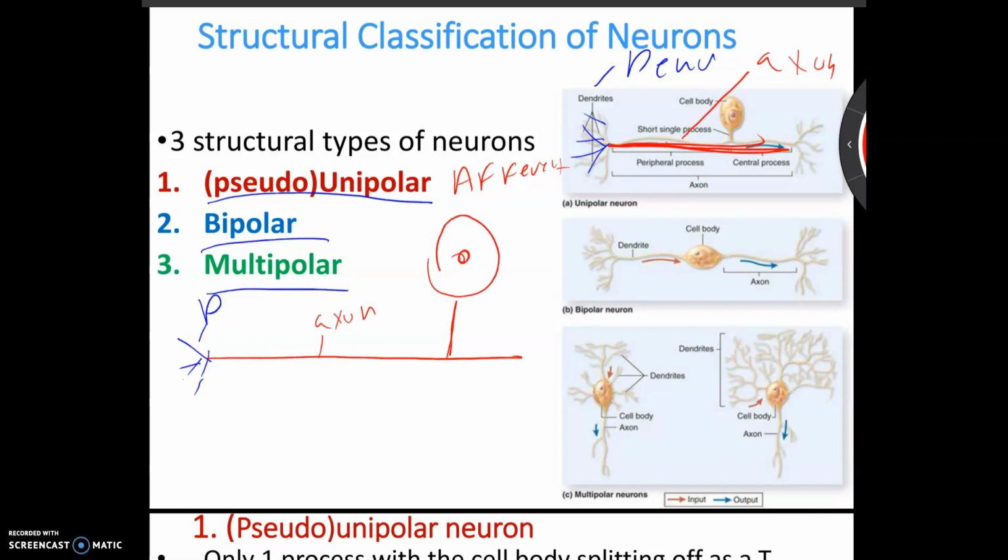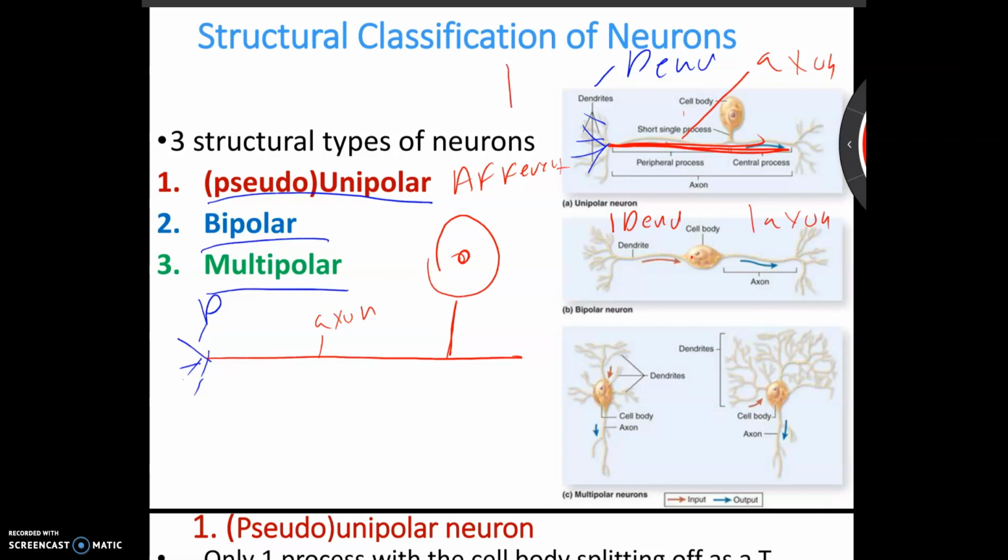So uni means 1. Bipolar, what does bi mean? 2. It has 1 dendrite, 1 axon. So here you have 1 dendrite right here, going to the cell body, going to 1 axon. These guys actually develop from the bipolar neurons. Then what does multi mean? So uni is 1.